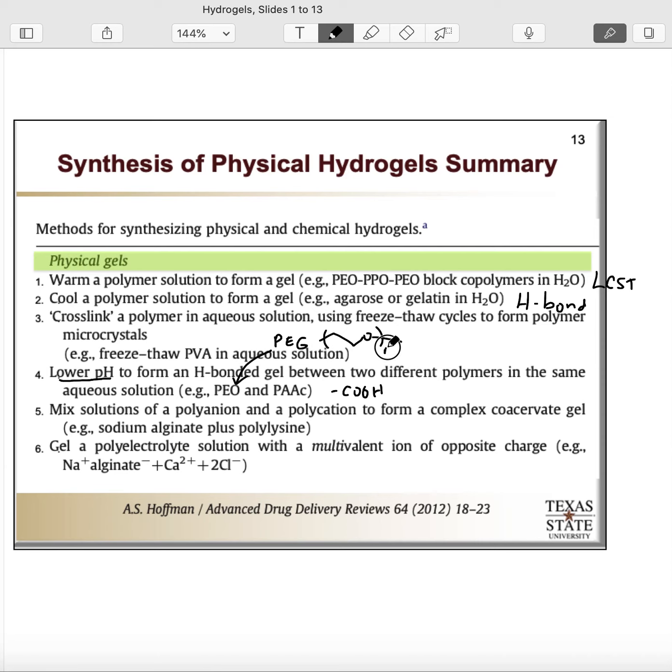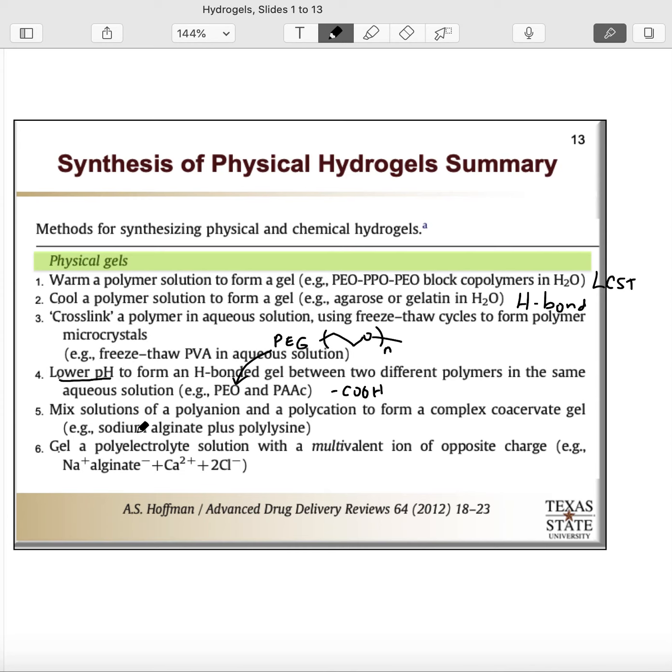And sorry, my writing is terrible using this tablet. And again, we would get hydrogen bonding between these two, and that would basically form the hydrogel through physical hydrogen bonding crosslinks. Number five would be to mix solutions of a polyanion and a polycation to form a complex coacervate gel.